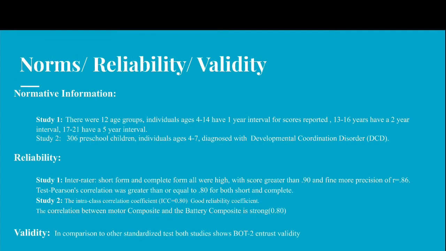For the second study, the intra-class correlation coefficient equals 0.80, which means good reliability coefficient. The correlation between the motor composite and the battery composite is strong, which also equals 0.80. In comparison to other standardized tests, both studies have shown that the BOT2 demonstrates validity.